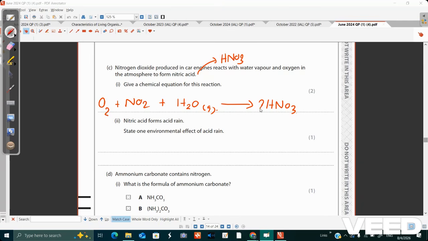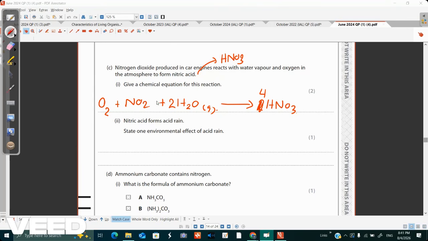Now 2 HNO3, so let me put 2 here. Two water molecules. So 4 HNO3. So 2, 2, 4, 2, 6.